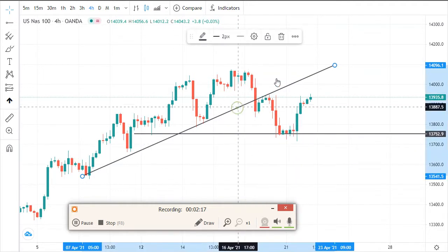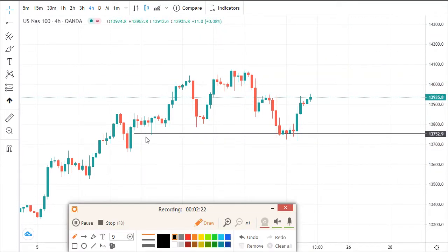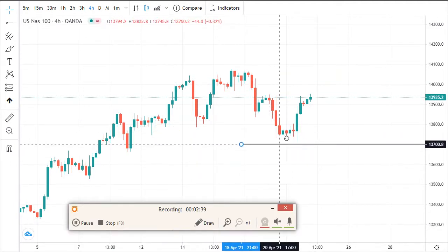The market was around this here. You see the market never reached this area, only one candle, but you can see that the market was just respecting that. So it's a zone, but this one is lower, so I'm going to take this one out. I'm just going to draw a very new line from here.